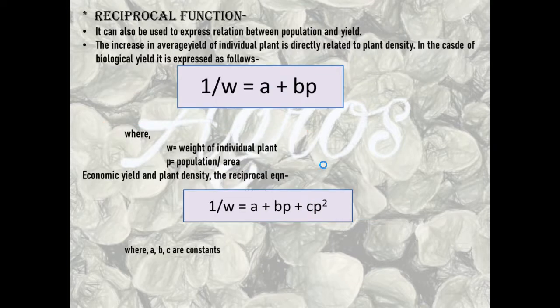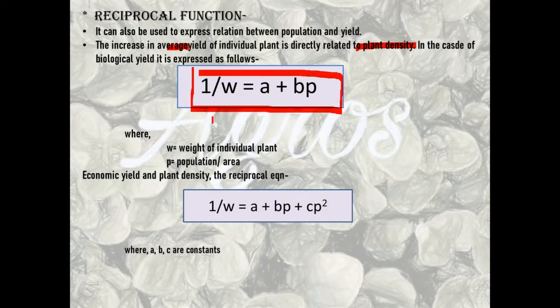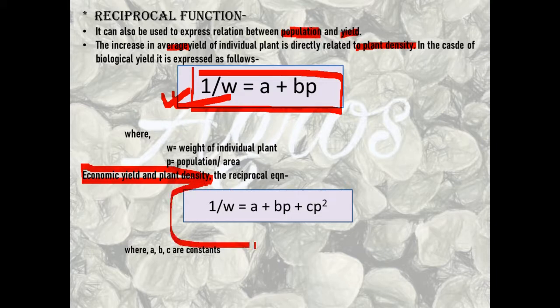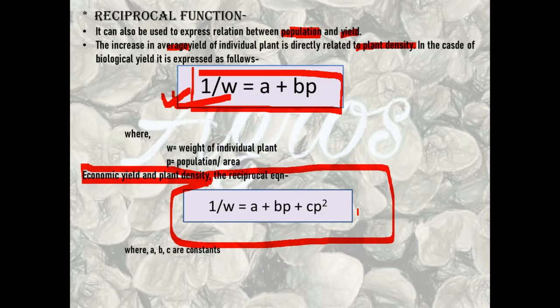Then comes the reciprocal function. This is mainly the relationship between the population and yield. Actually, it first links the average yield and the plant density by using this formula, 1/W = A + B. Then it connects the economic yield with the plant density, finally connecting the population and yield of the plants using this equation, 1/W = A + BP + CP square.